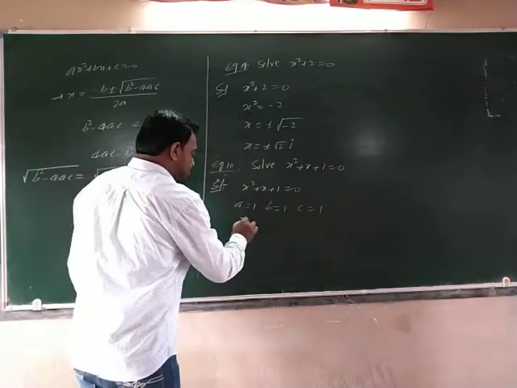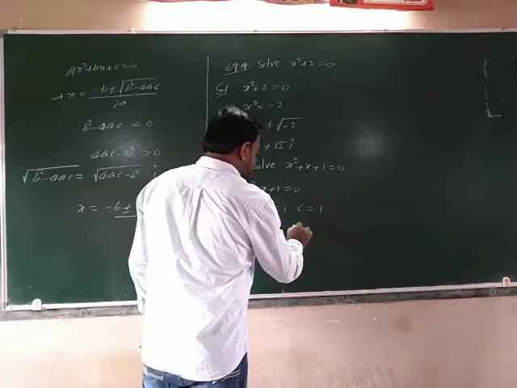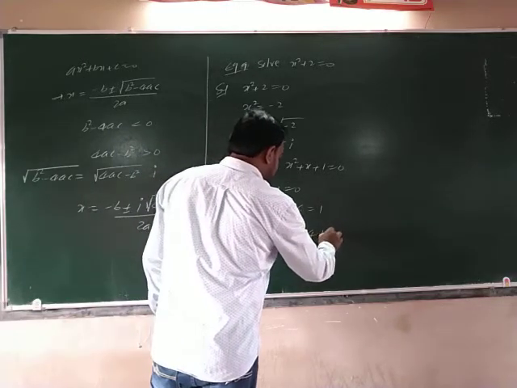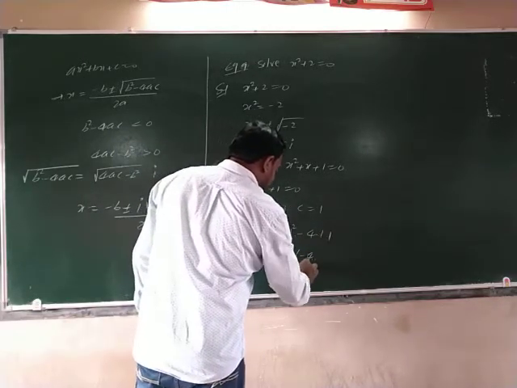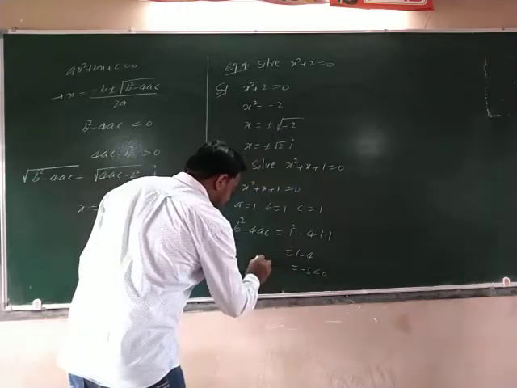Now b² − 4ac = 1² − 4 × 1 × 1 = 1 − 4 = −3, which is less than 0.